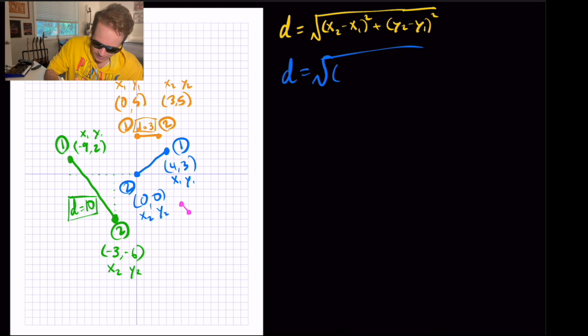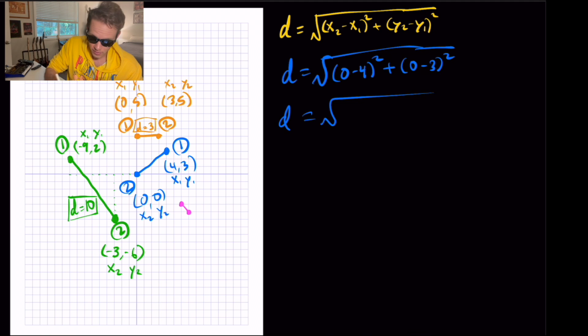So let's see, x2 minus x1, well, that's going to be 0 minus 4, and then square that, plus y2 minus y1, so 0 minus 3, and then square that. The distance is equal to 0 minus 4 is negative 4, and we're going to square that. 0 minus 3 is negative 3, and we're going to square that.